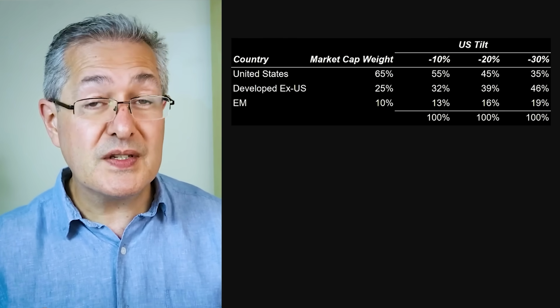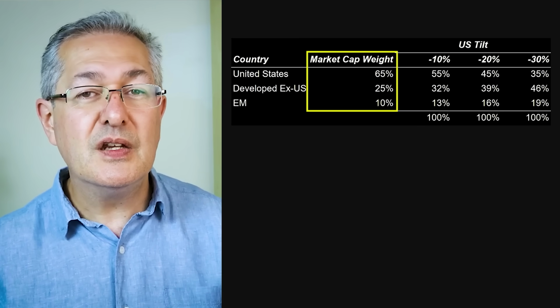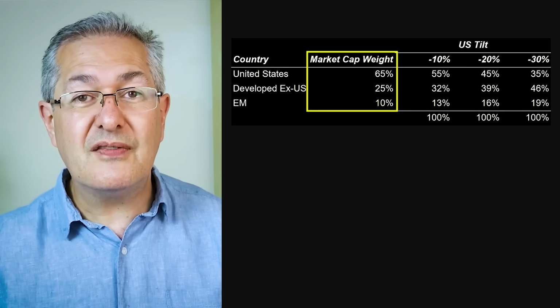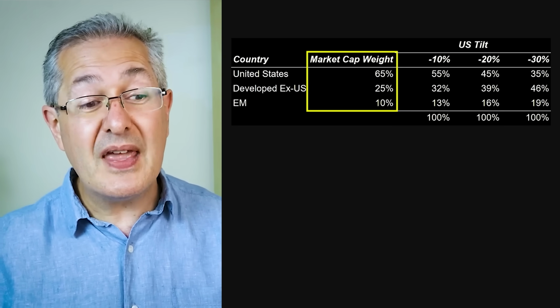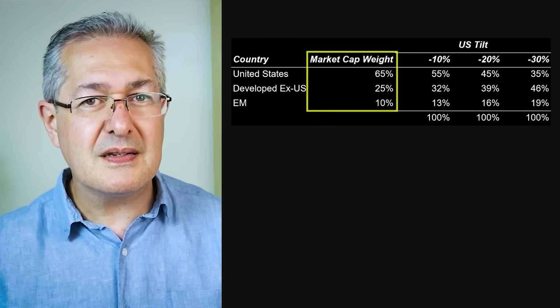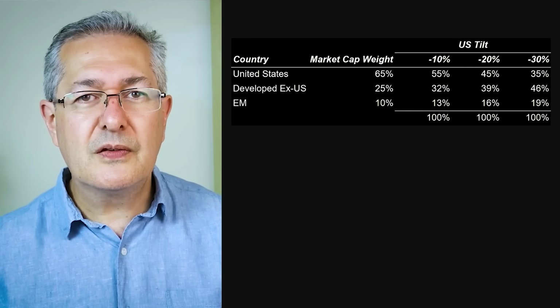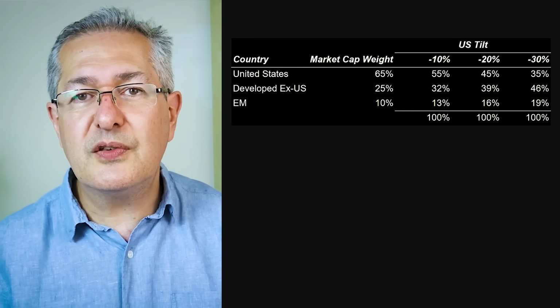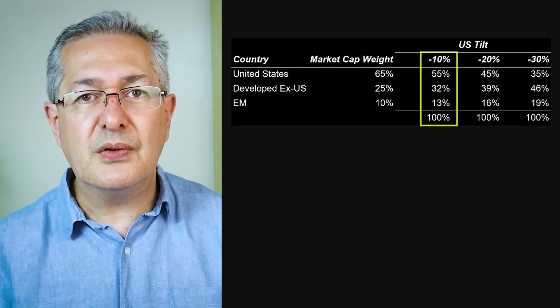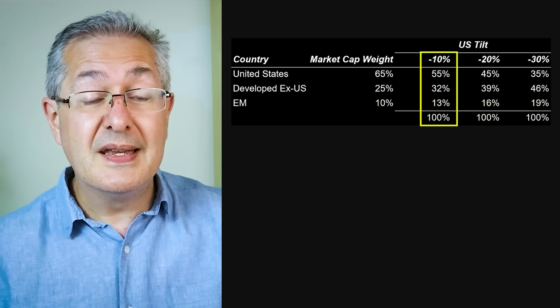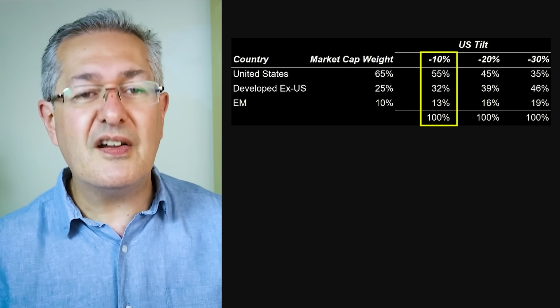If you want to reconstitute a global index, you'd use the weights of 65% for the US, 25% for developed ex-US, and then 10% for emerging markets. Those will vary over time, but they vary quite slowly usually. So let's say that you wanted to use those 3 funds to construct a tilt. Well, if you wanted to reduce the US by 10%, so instead of 65%, you'd have 55%.